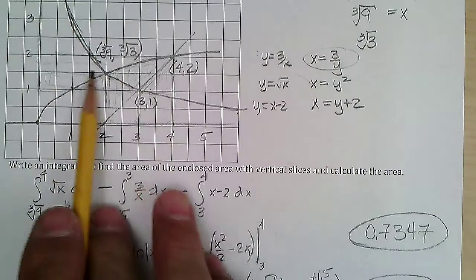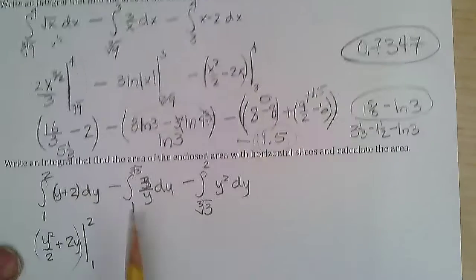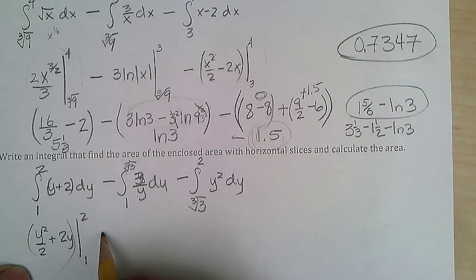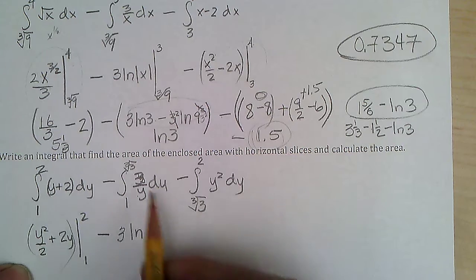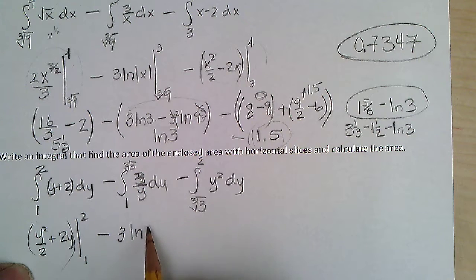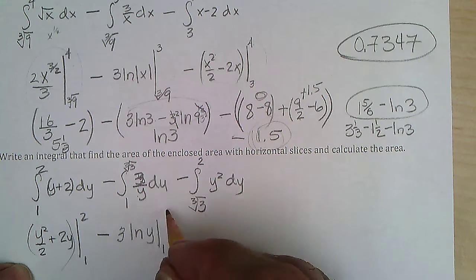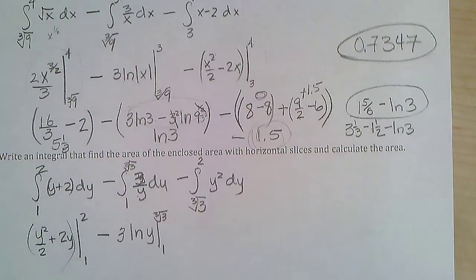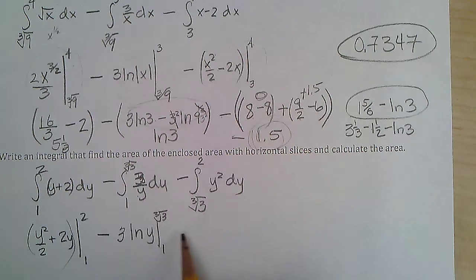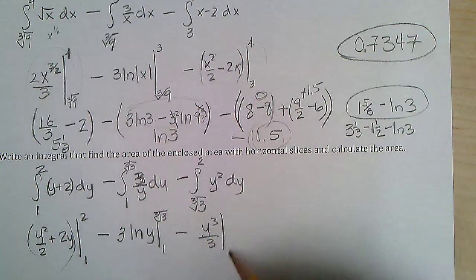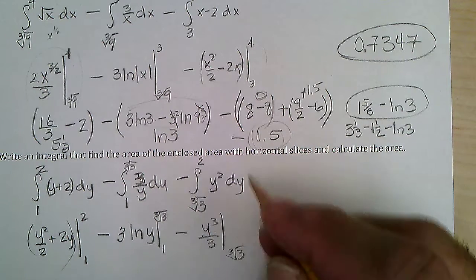And then minus this area, which would be this one, which is going to be 3 ln y evaluated from 1 to the cube root of 3. And then we're going to have minus y to the third over 3 evaluated from the cube root of 3 to 2.